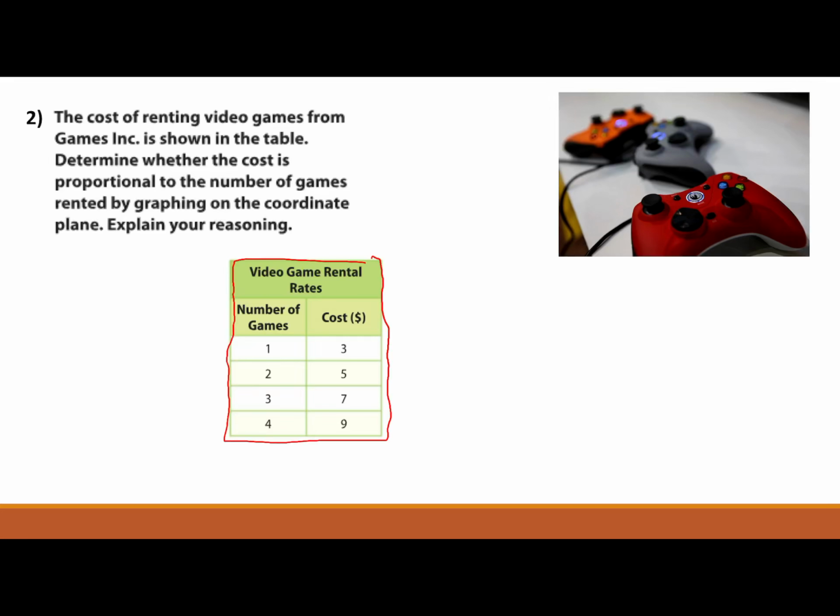We want to determine whether or not the cost is proportional to the number of games rented. So remember, when we do that, we want to know if the cost is proportional to the number of games. So what does this mean? We want to know if it costs the same amount per game.